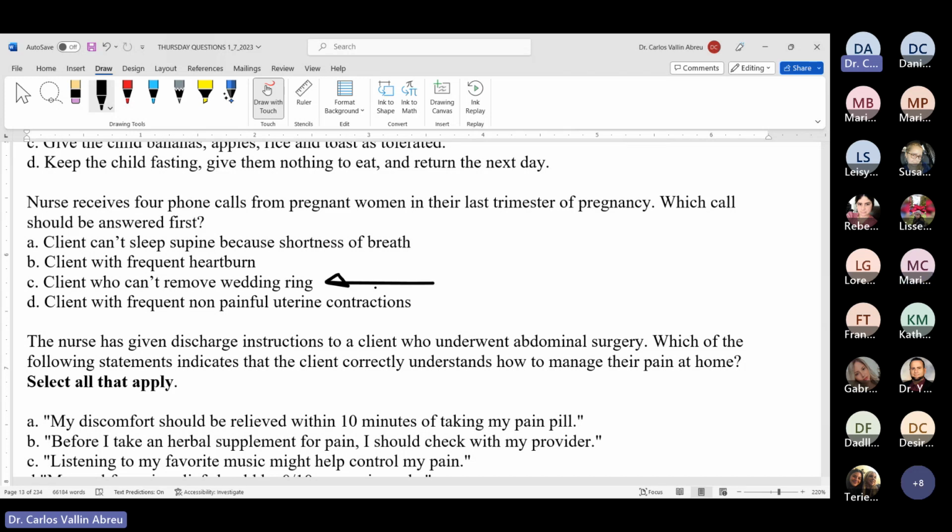Having heartburn is part of the pregnancy. Being unable to tolerate the supine position because of the size of the uterus and the compression of the diaphragm is expected. That's why I need to sleep in lateral position. And having non-painful uterine contractions, such as Braxton Hicks contractions, is normal at the end of the pregnancy. C is the answer. It's a classical question. Don't fail this question.